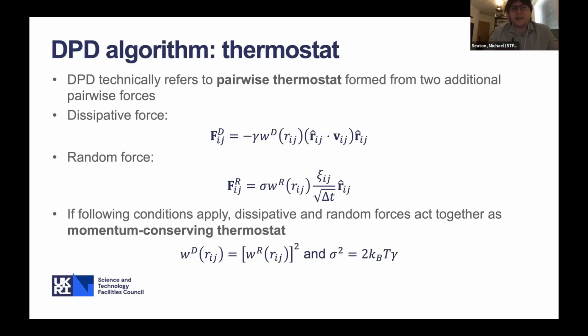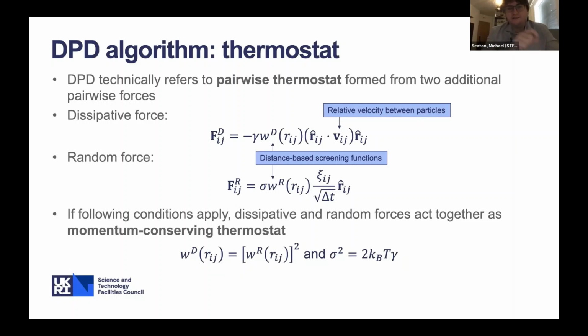We have gamma and sigma as our parameters for each of the forces. Then we have these functions W, which are what I'm going to call screening functions, basically functions of the distance between the two particles in a pair. For the dissipative force, we have the dot product of the unit vector and this quantity here, which is the relative velocity between the particles, essentially the difference in the velocities.